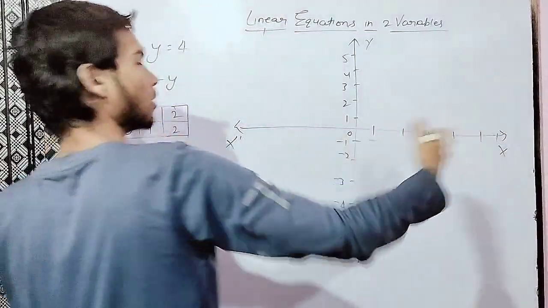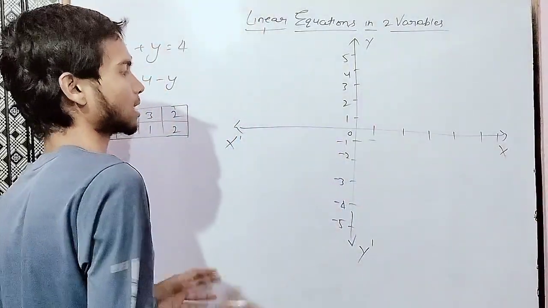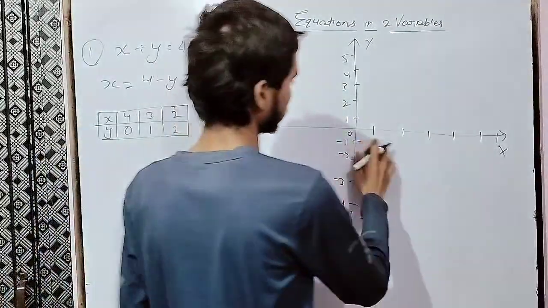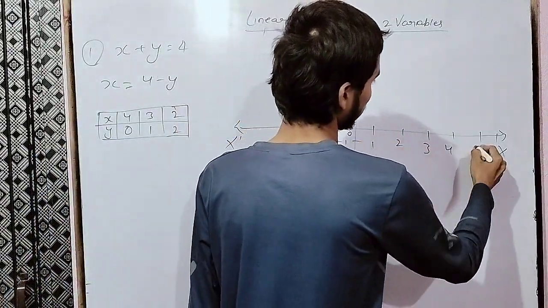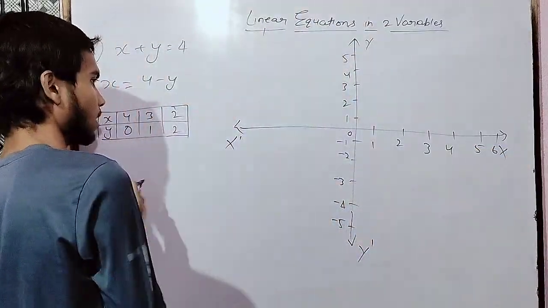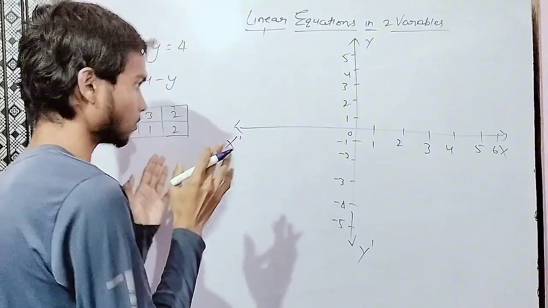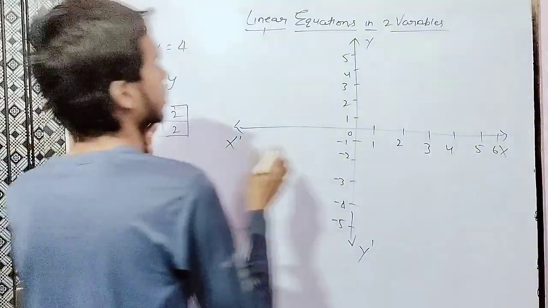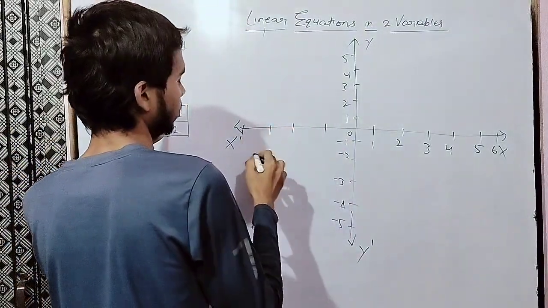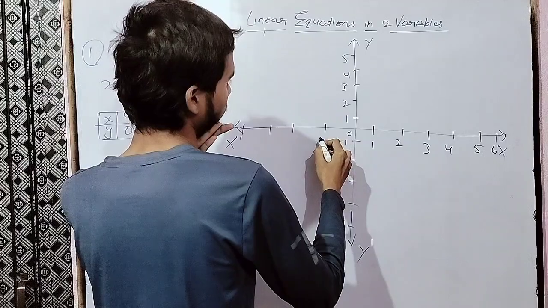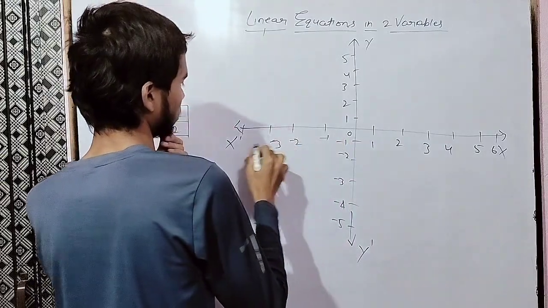The right side of the x-axis will be with addition: 1, 2, 3, 4, 5, 6. The left side of the x-axis will be with subtraction: minus 1, minus 2, minus 3, minus 4.